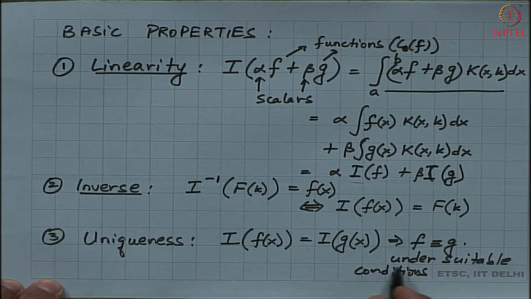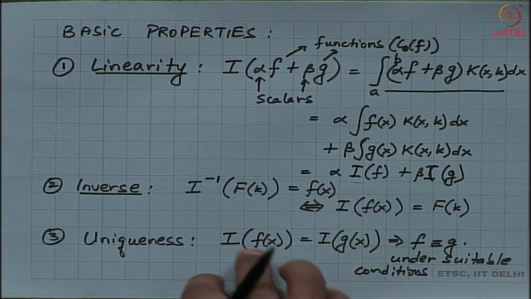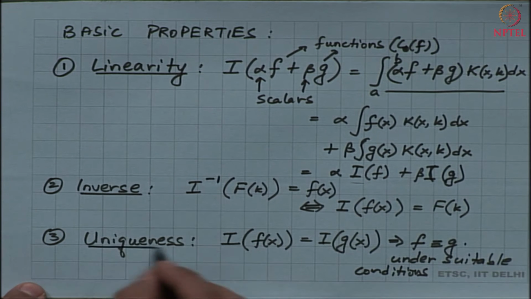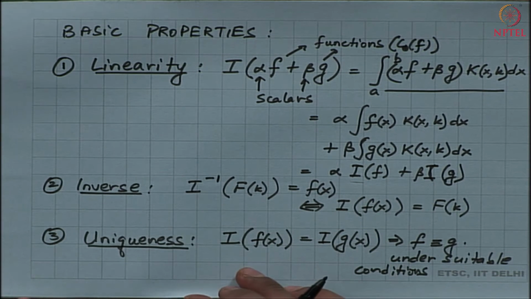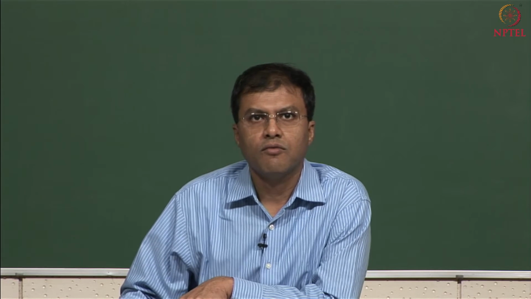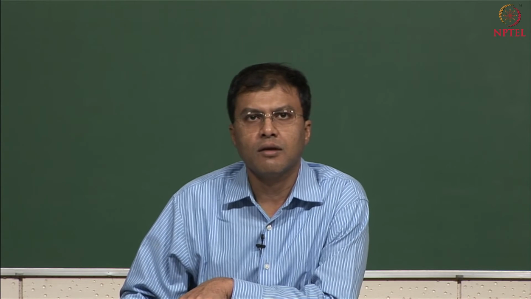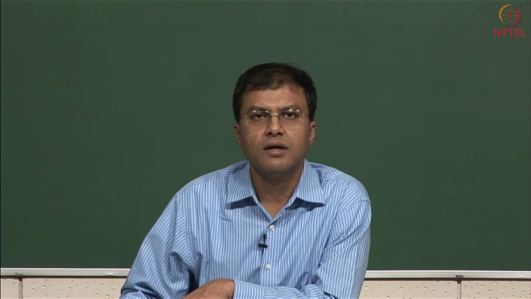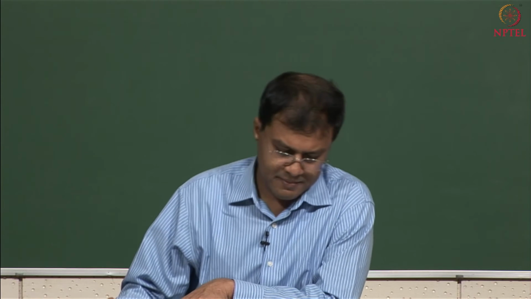We will see these suitable conditions as we move on from one case to another. These are some of the basic properties that these operators must have. And when we move on to specific cases, we will see more properties of these transforms from Fourier to Laplace and some of the other ones that we are going to study over our course of time.